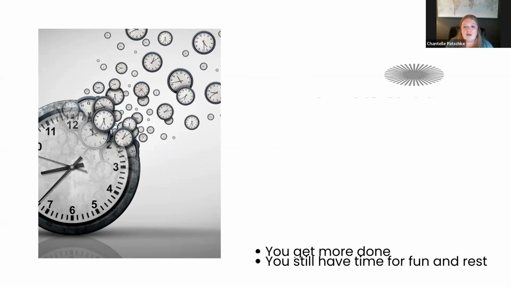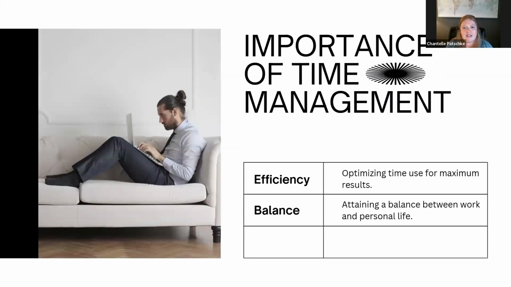All right. So I'm briefly going to skip some of these things. I'm going to give you 3 things. Why is it important to manage your time? Efficiency, balance, and stress. First, it helps you work more efficiently, meaning you can accomplish your to-do list or even more with less stress if you organize and plan effectively.